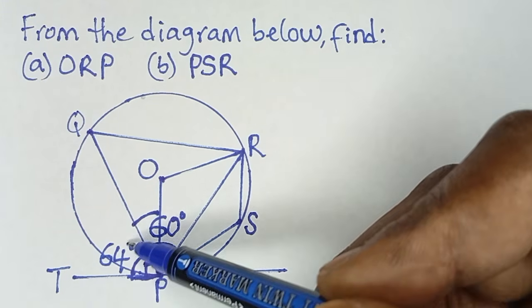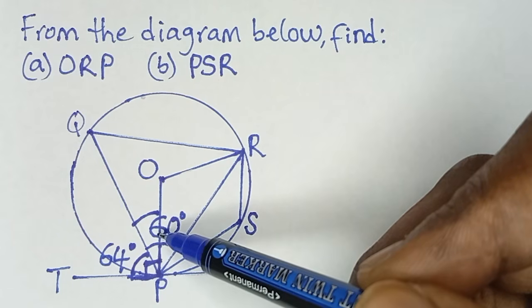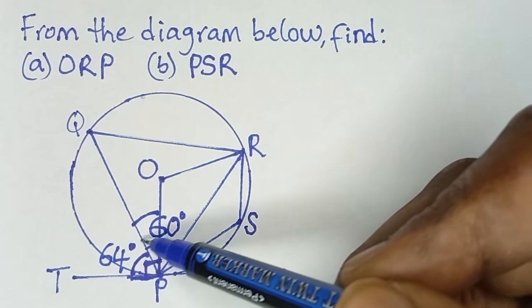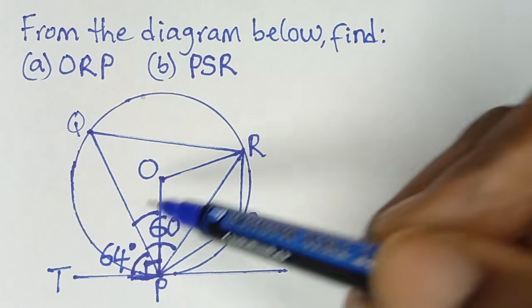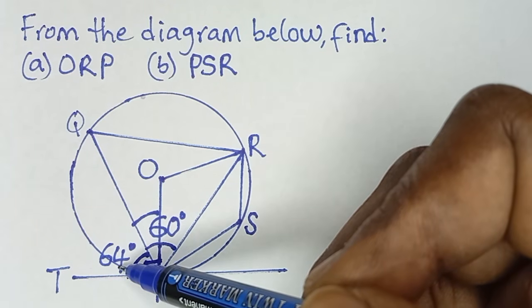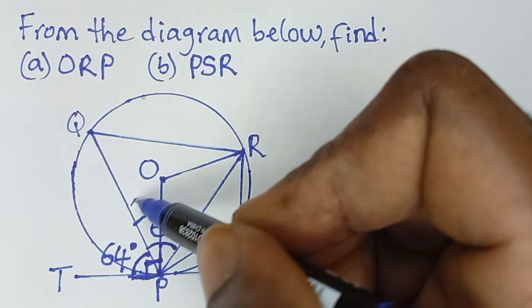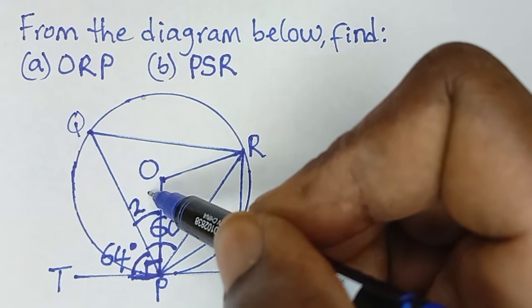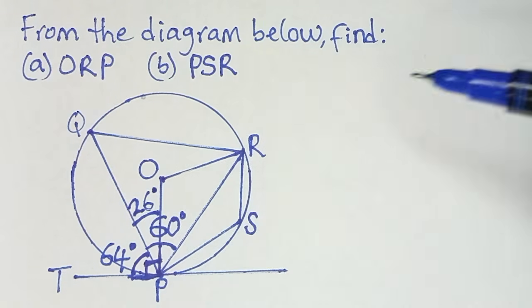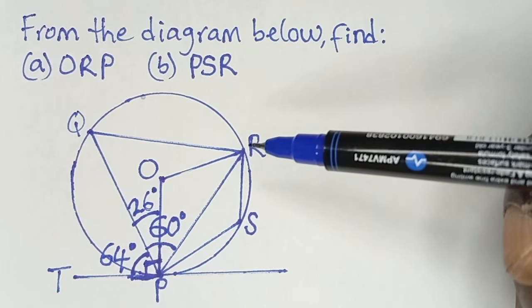The whole is 90, so this remaining angle will be 90 minus 64. And 90 minus 64 will give us 26 degrees. So this angle here is 26 degrees.